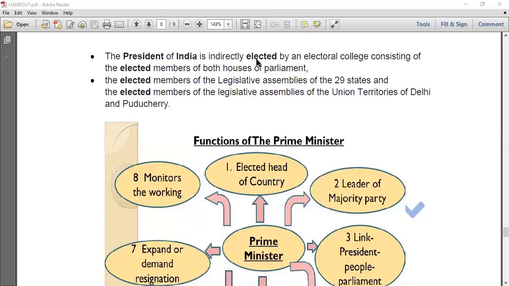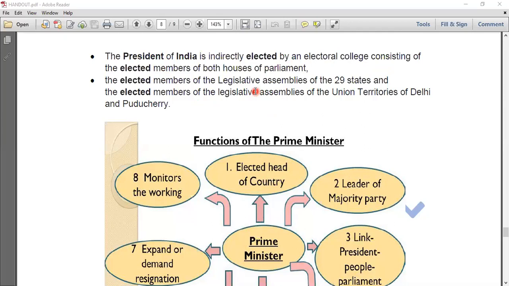All right, let's see over here. So I'm going to take you to the handout now. Okay, that's visible to all. Great. Okay, so here we start. First we talk about the president. The president of India is indirectly elected by an electoral body. The elected members of both the houses come together and elect the president, right?